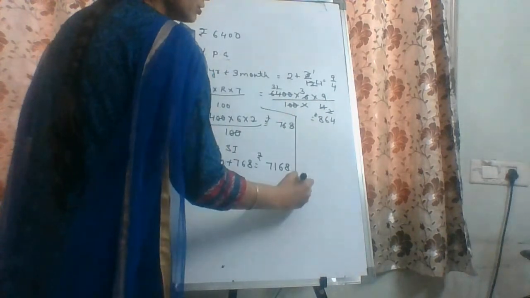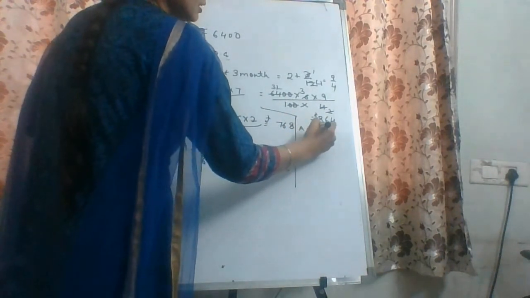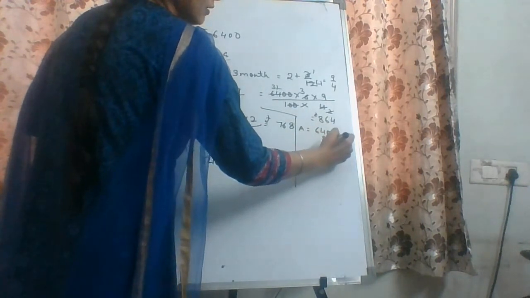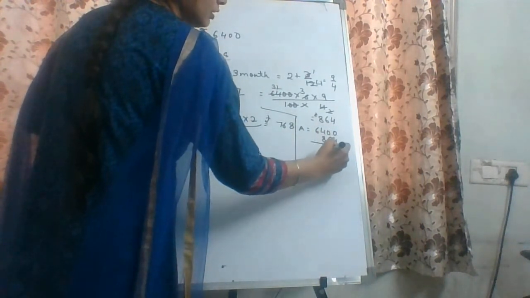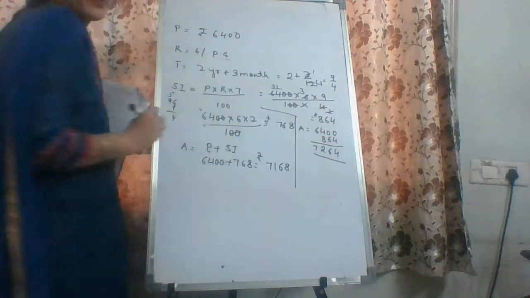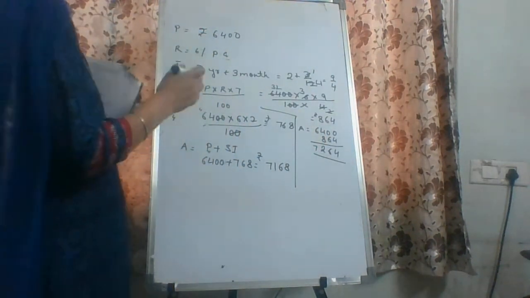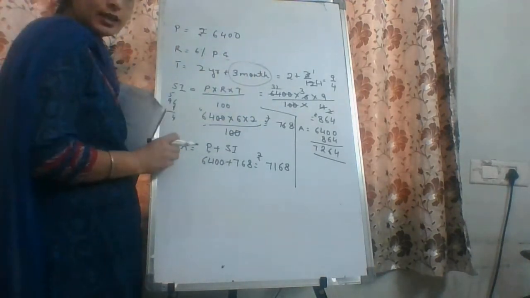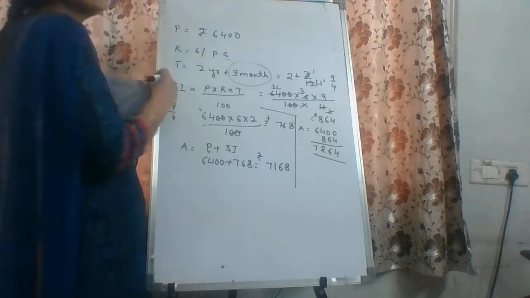Here the amount will change to 6400 plus 864, which is equal to 7264. So if the time is in months, you have to convert it into years by dividing it by 12.